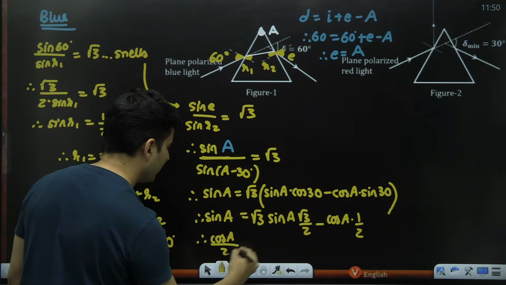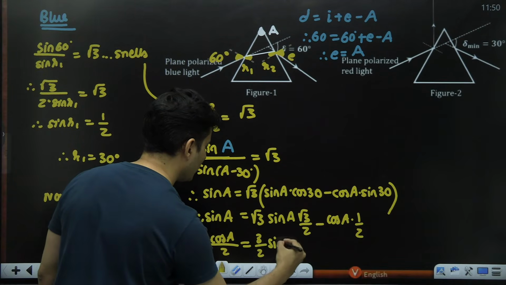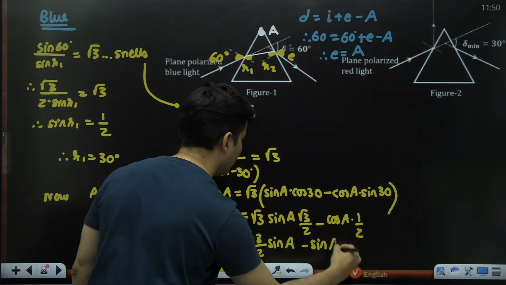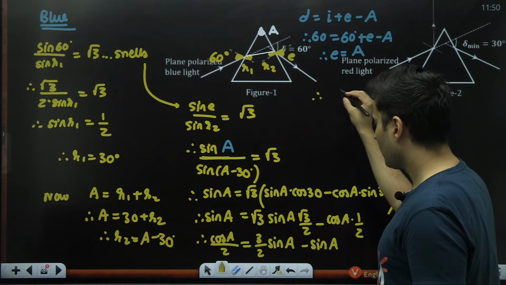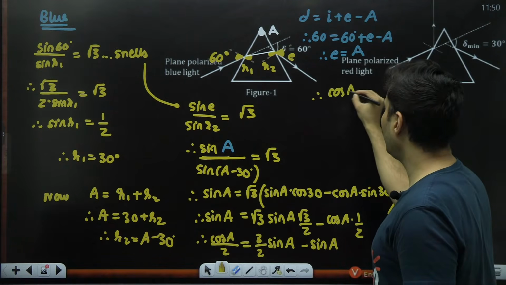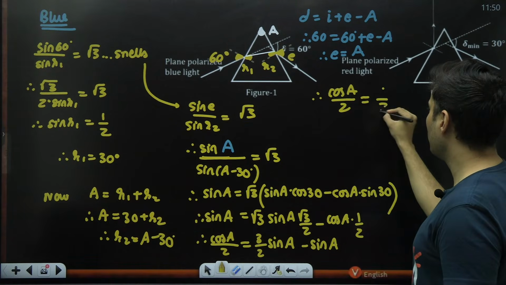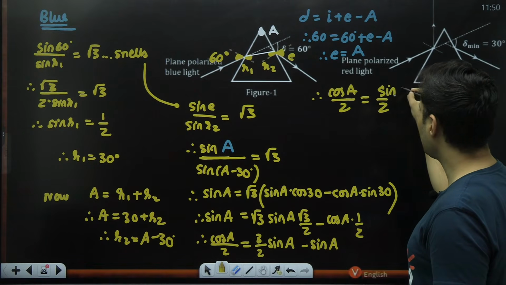Cos of A, the whole thing by 2. Root 3 into root 3 is 3. So 3 by 2 into sine of A. This sine, I bring it over here. So minus sine of A. Okay, so what is the next step? Cos of A by 2. 3 by 2 minus 1 is 1 by 2. So 1 by 2 times sine of A.